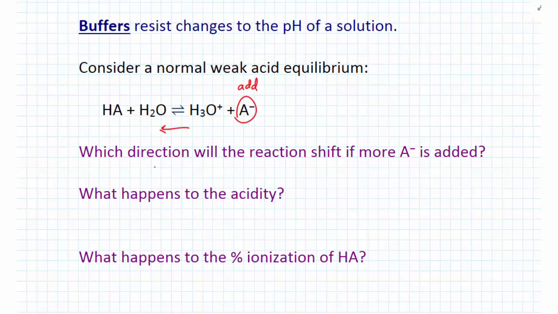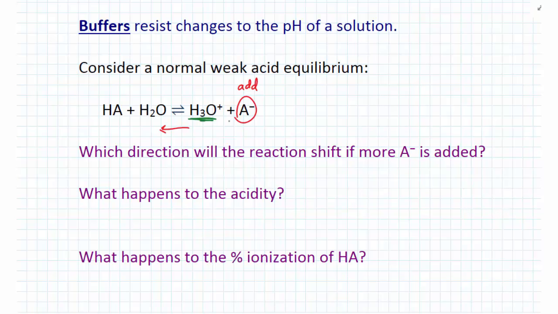What happens to the acidity of this solution? What is the one ion in this equilibrium that establishes the acidity of this solution? Yeah, hydronium. So shifting that way will consume hydronium ions.